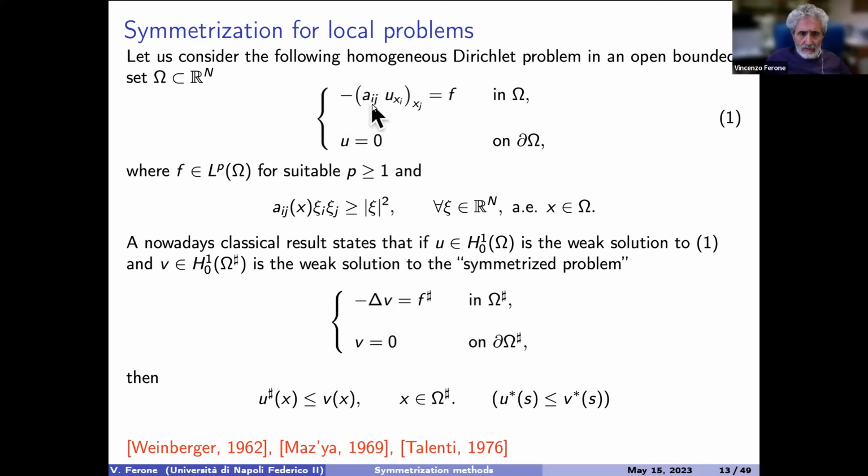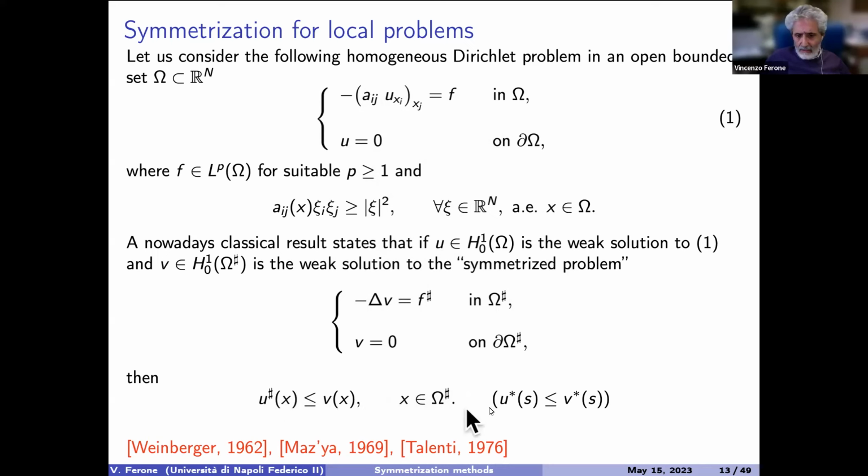the elliptic operator is substituted by delta. So this means that a_ij is substituted by delta_ij, f is substituted by f sharp, omega by omega sharp. And then the following inequality, u sharp less or equal than v, holds in omega sharp.